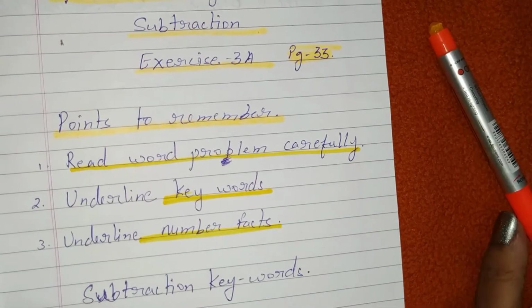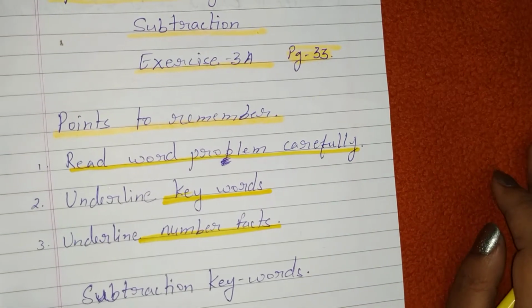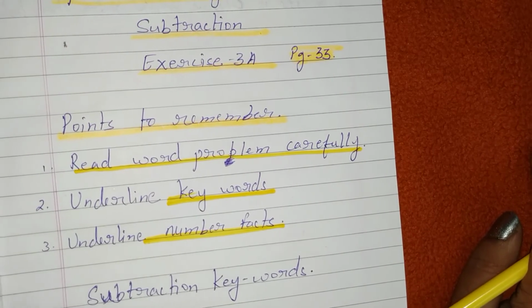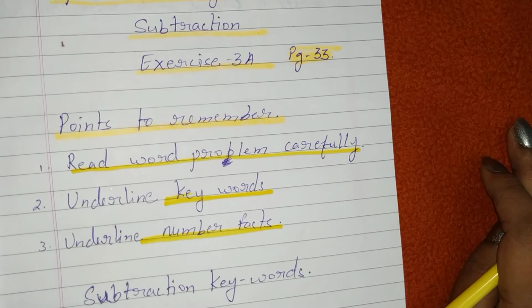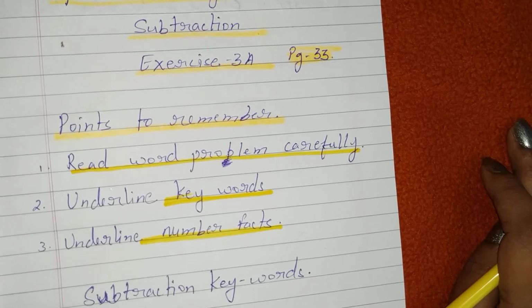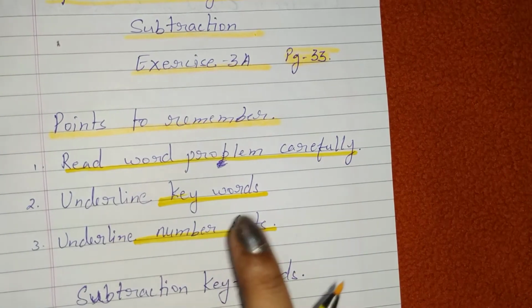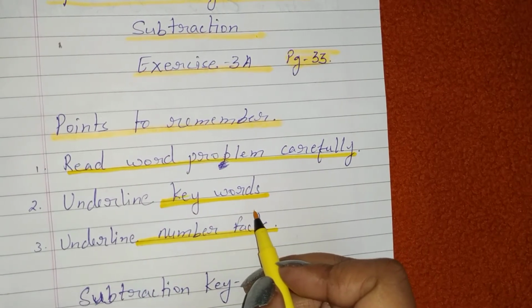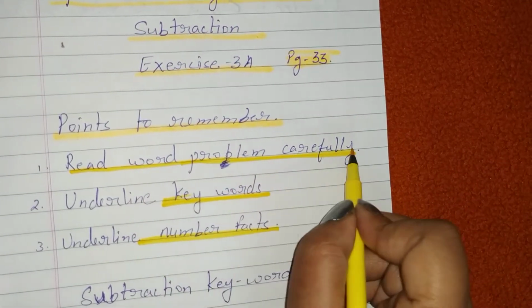Number facts will be telling you what the numbers are where you have to perform the operation, these are the numbers you have to work on. So number facts help you know where to work, and keywords tell you what application to use in a particular situation. For both things you have to read the word problem carefully.